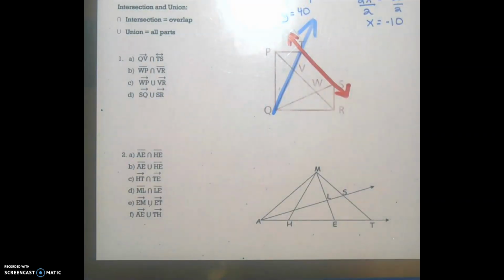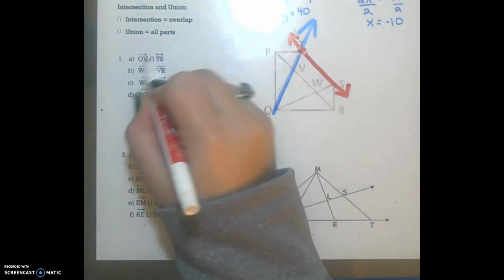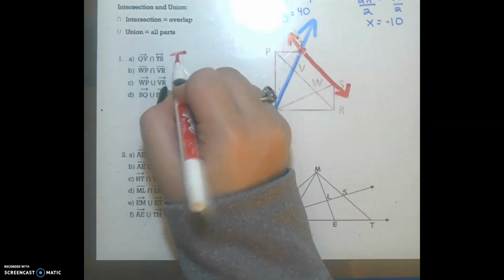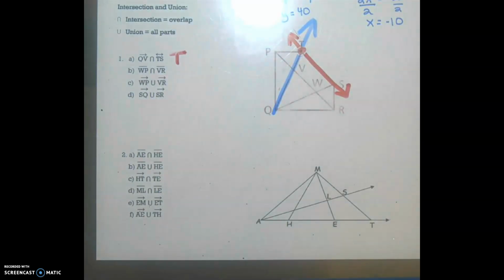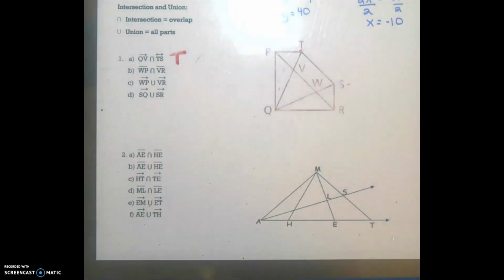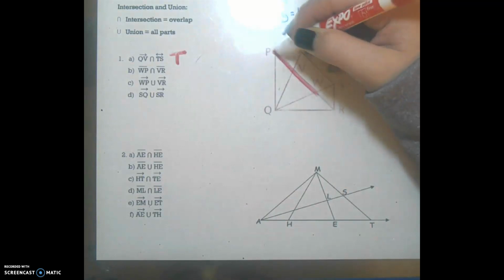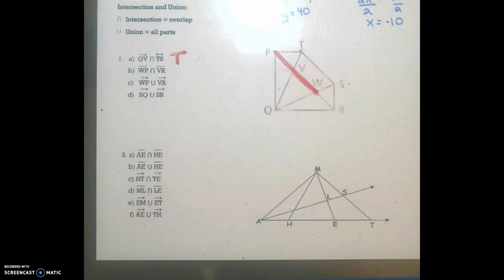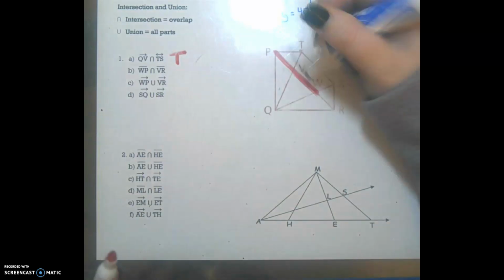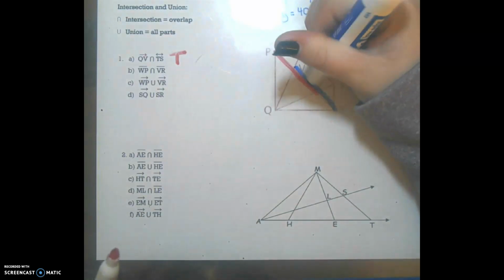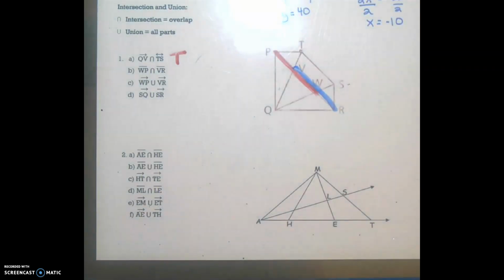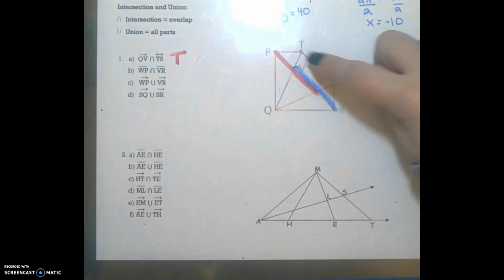You can see where they overlap is at point T. So the answer to that intersection is T. Then I'm asked for the intersection of segment WP and segment VR. You can see where they overlap is this segment VW.